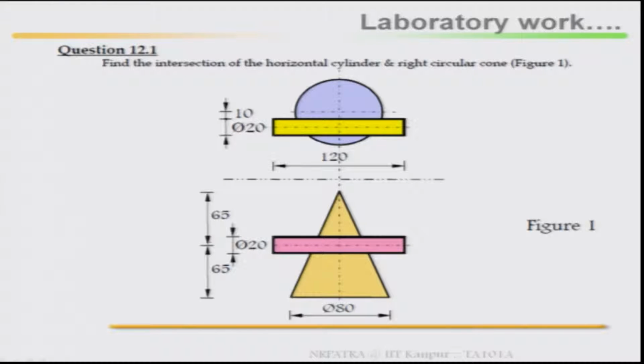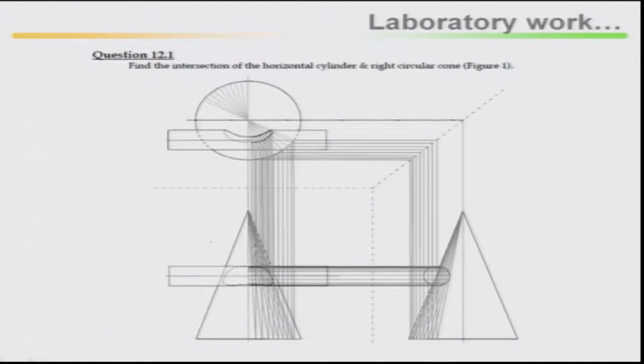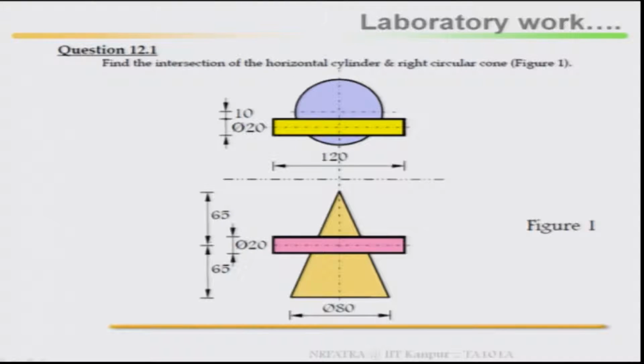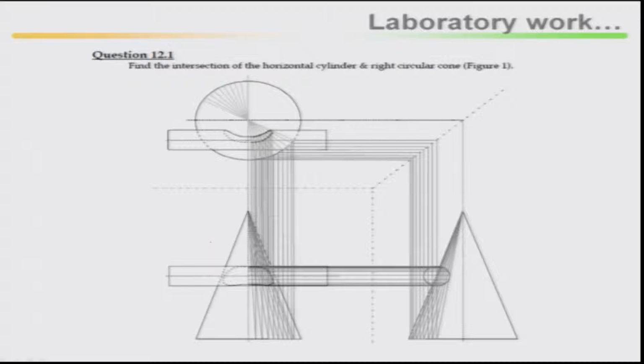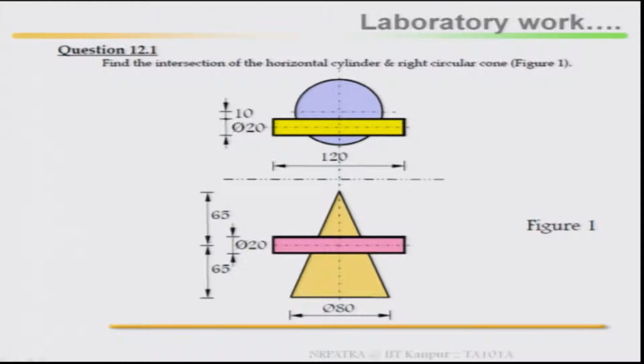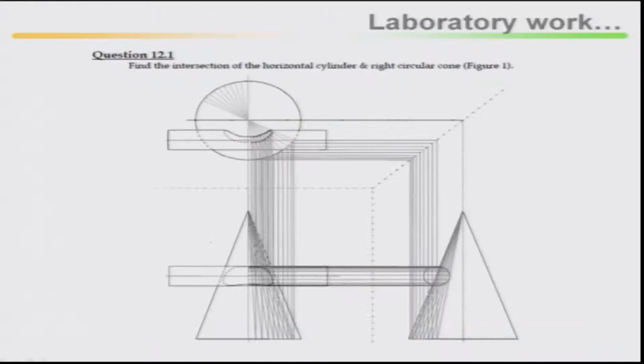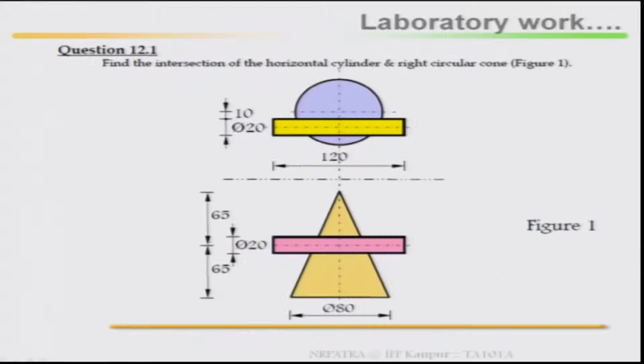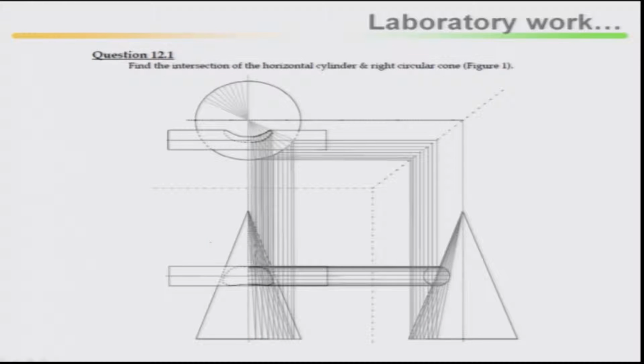This is your 12.1. What is the solution? This is the question, and this is how your solution comes out. Look here, this is the question. Top view and front view have been given. So you take the top view and front view, and draw the side view.